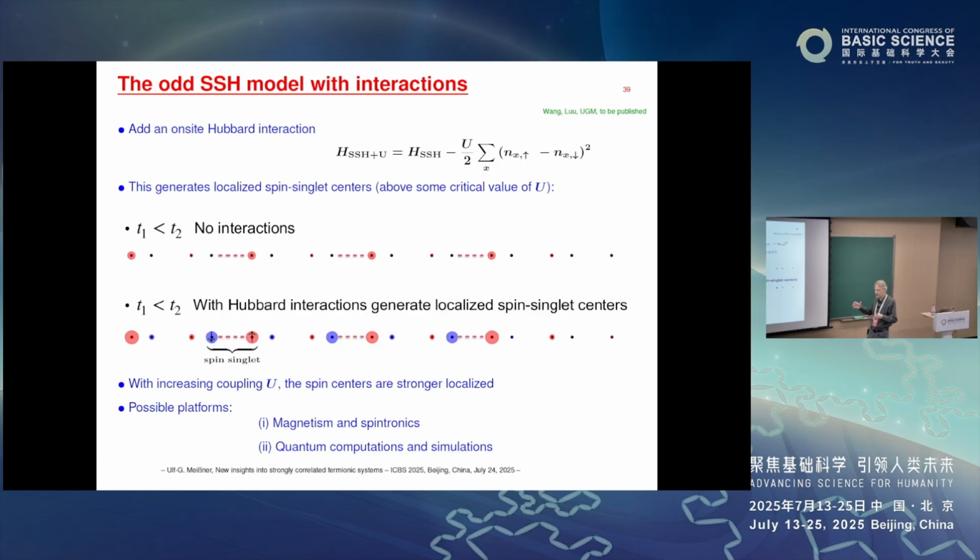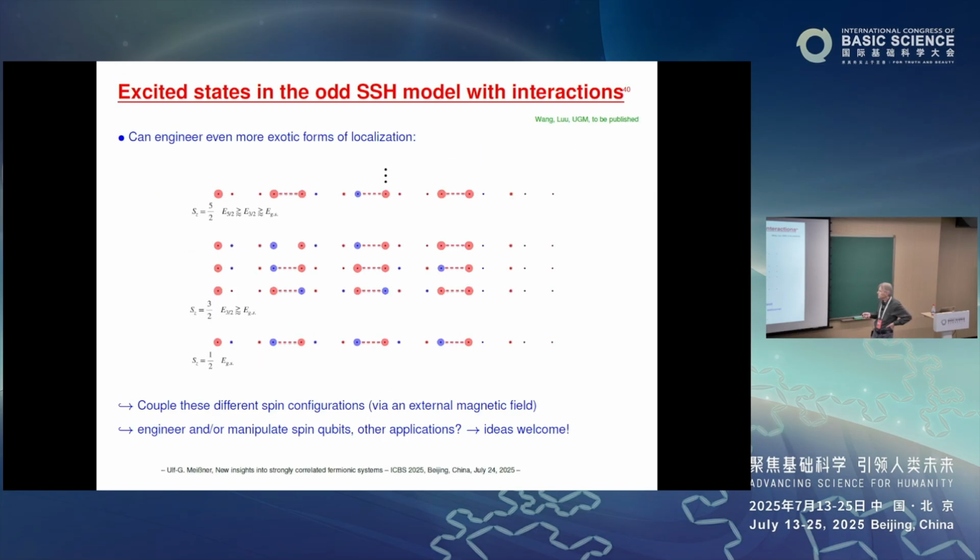So you can make a difference by putting different ions as defects. Okay, so there's this amazing multitude of interesting spin states which you can manufacture and engineer. But this is so new that we have not even thought about this, but ideas are welcome.